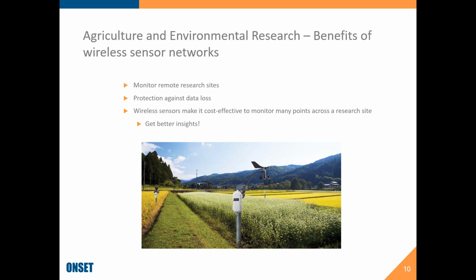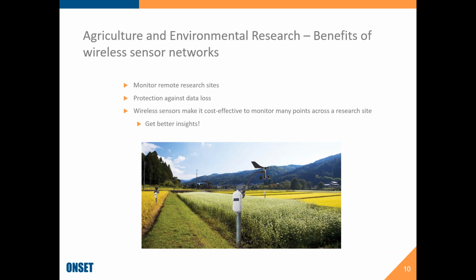So should a grizzly bear or something come out and attack your weather station, you've at least got your data uploaded up until that point, so you minimize your data loss. And you can also get notifications if there's a system failure, so you can get out there and do maintenance to either replace a system that was attacked by a grizzly bear or whatever else needs to be done.